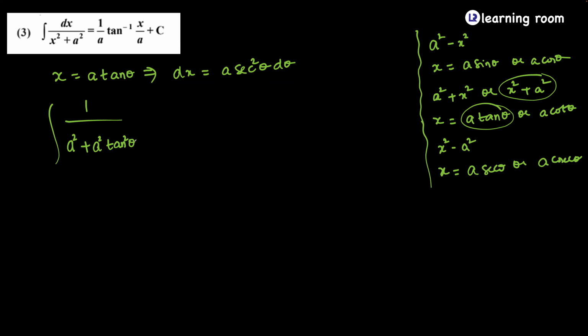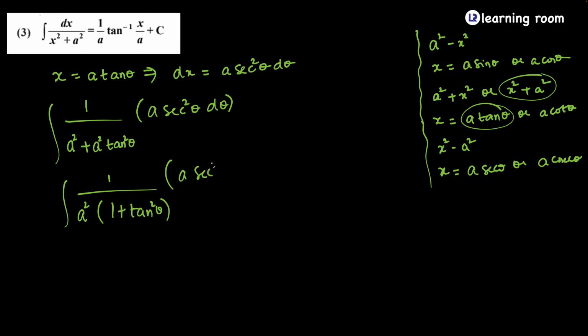It is a square tan square theta. In the place of dx, I'm going to have a secant square theta d theta. Am I right? So integral of, what can I take out common in the denominator? A square into 1 plus tan square theta, and in the numerator, I'm going to have a secant square theta d theta.